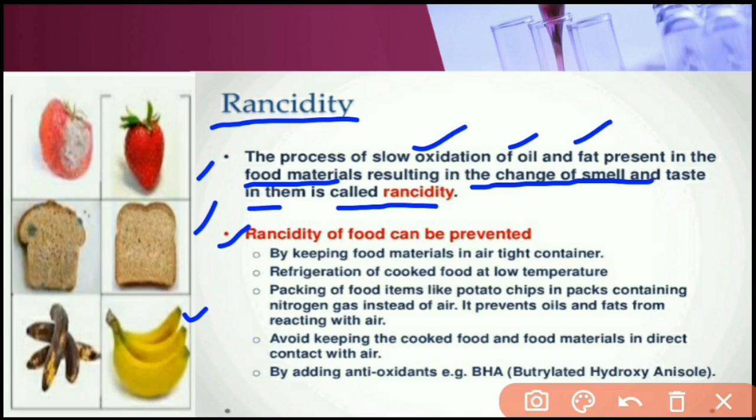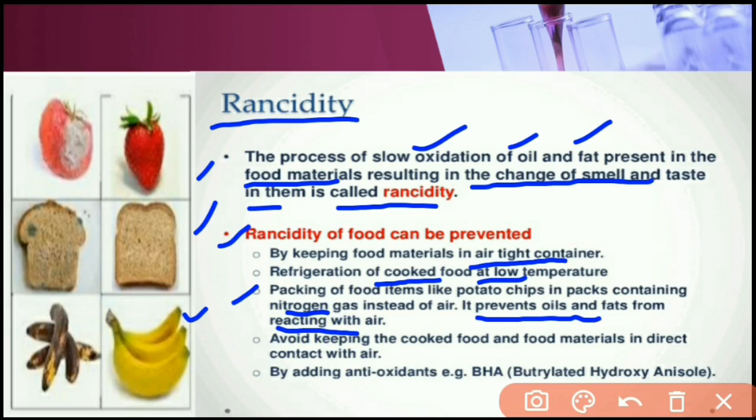Next, rancidity of food can be prevented by the following methods: by keeping food materials in airtight containers, refrigeration of cooked food at low temperature, and packing food items like potato chips in packets containing nitrogen gas instead of air. It prevents oil and fat from reacting with air.